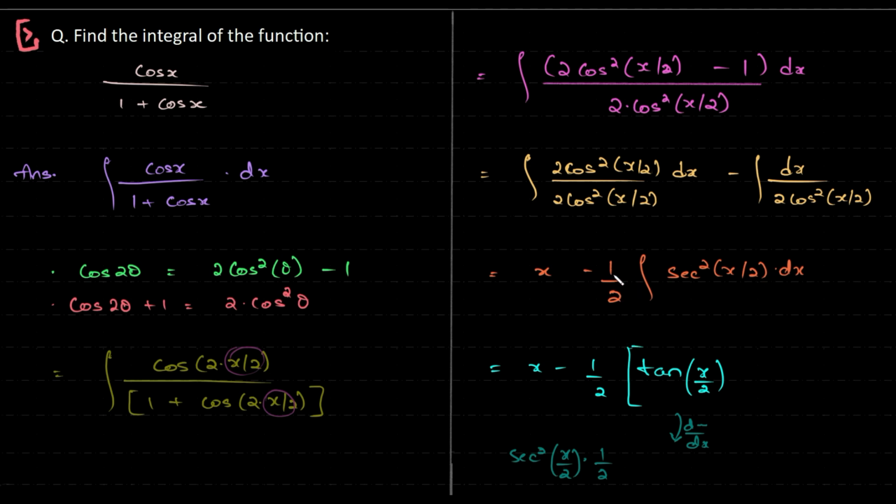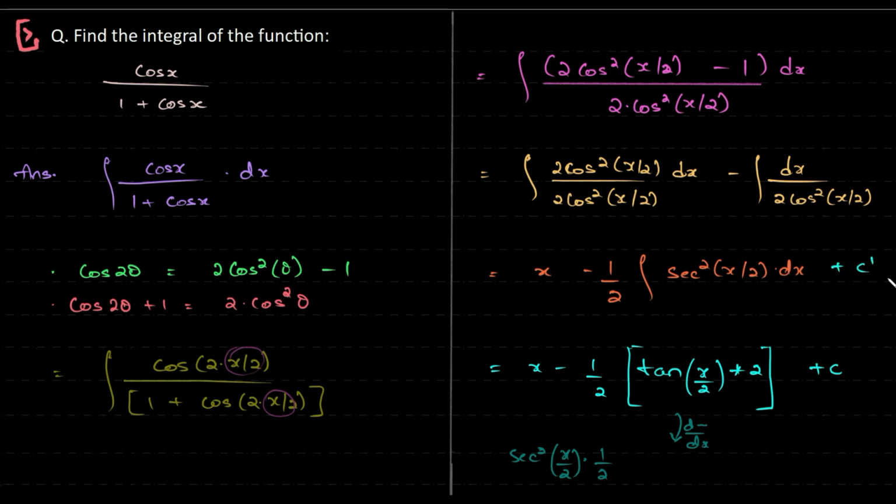But let's not get confused with that. I'm just keeping that aside. So basically I need to have into 2 over here to eliminate this 1 by 2. So this is into 2. If I do this, I'll get secant square x by 2. Again, don't think about 1 by 2. Don't get confused with that. Okay, and plus a constant.